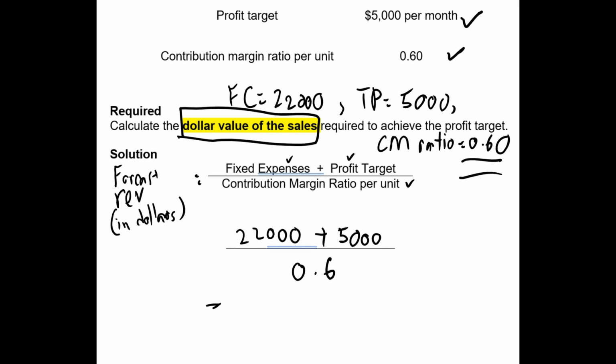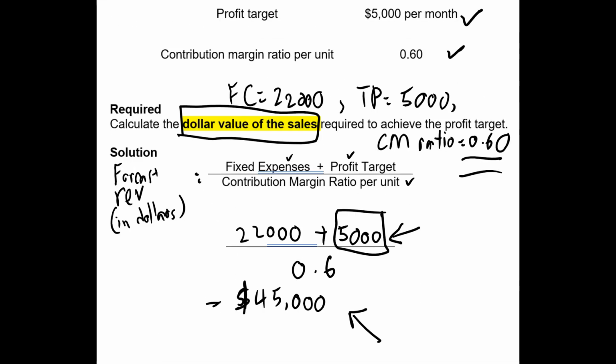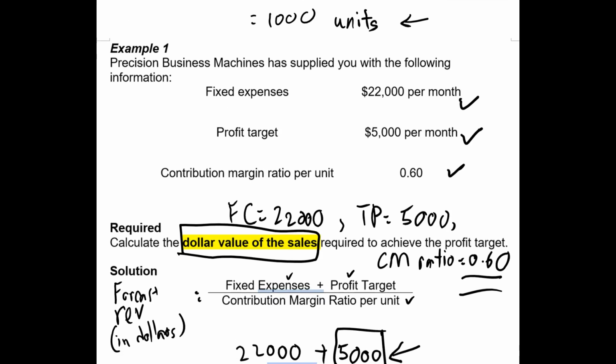So altogether 22,000 plus 5,000, which is 27,000, divided by 0.6, you will get 45,000. Which means that in order to achieve this target profit of 5,000, I need to make sales of $45,000. So this is how you do example number 1.